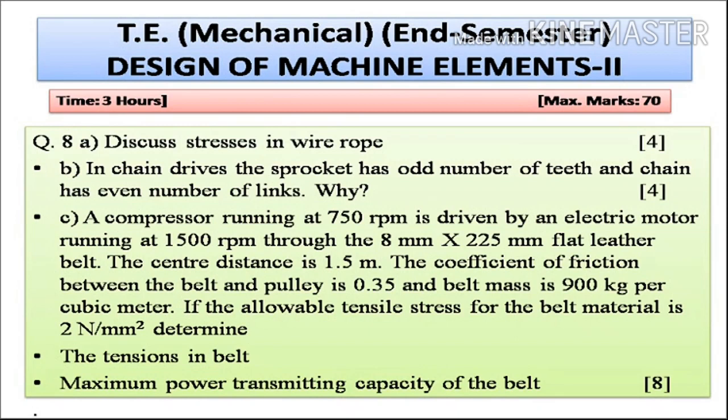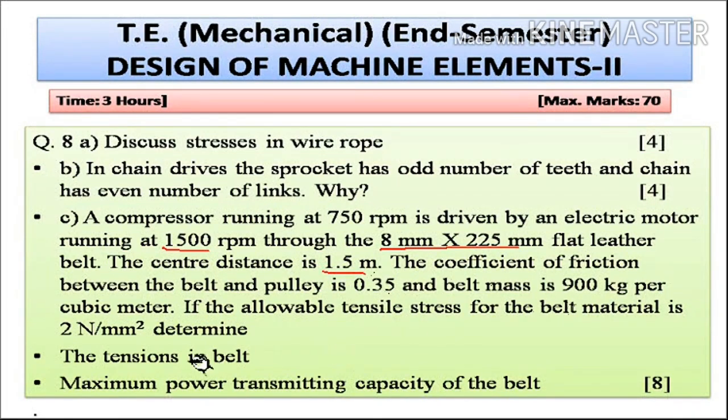So here we will read this statement first. A compressor running at 750 rpm is driven by an electric motor running at 1500 rpm, and a flat belt with a cross section of 8 mm by 225 mm is used for this power transmission. The center distance between the two pulleys is 1.5 meter.